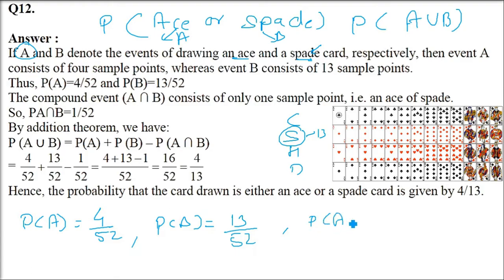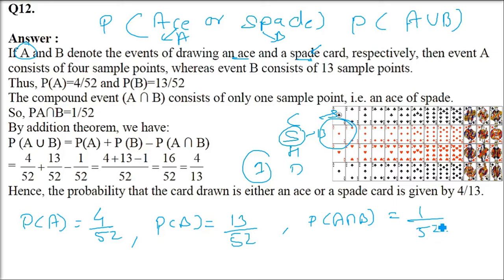Now the main thing is A intersection B. It has to be an ace and also a spade. In spade there will be only one ace because every suit has one ace. So P(A intersection B) is only one: the ace which is a spade. So 1 divided by 52 cards.